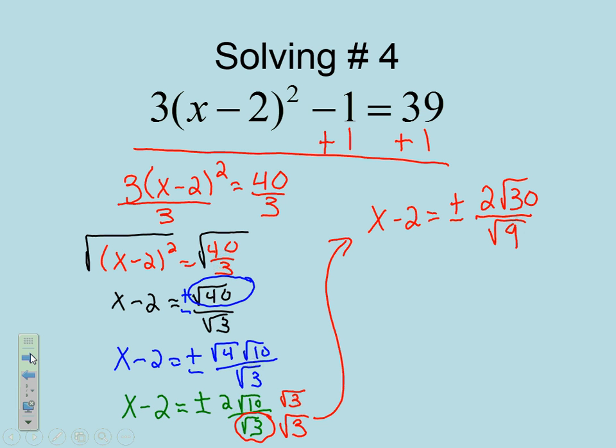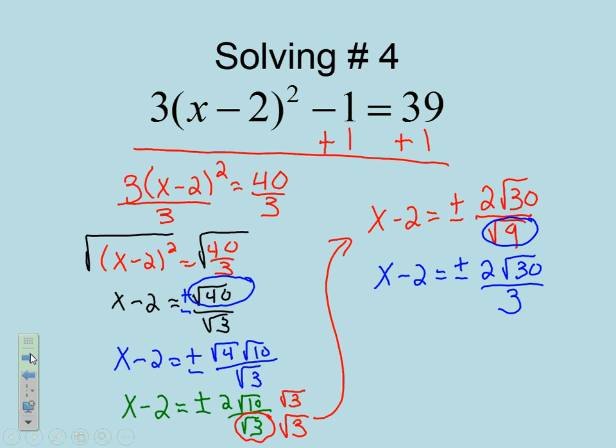We're going to keep simplifying this. So we're going to have x minus 2 equals plus or minus 2 square roots of 30, which we can't simplify, but the square root of 9 is just 3. So we're all good there.